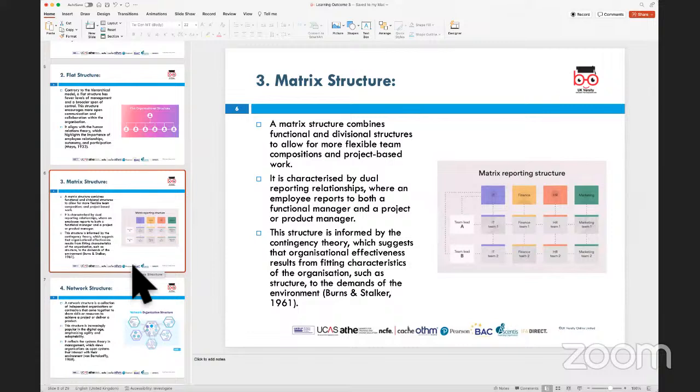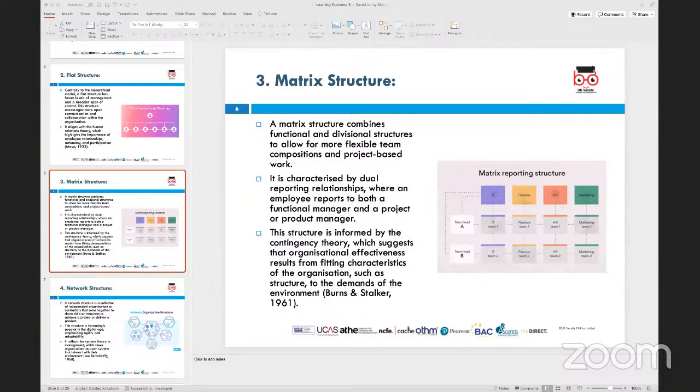So sometimes bigger companies create structures which work better for the operations side of the organization, and those would be instances where we would primarily talk about the matrix structure.